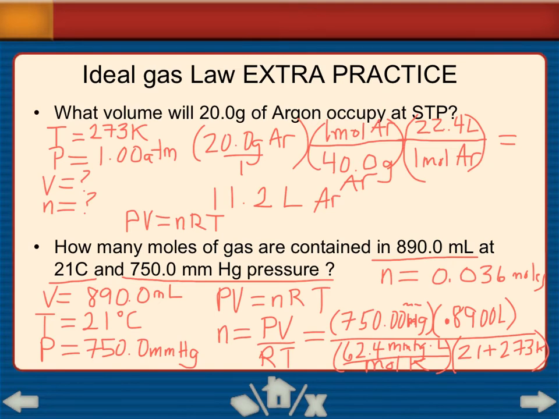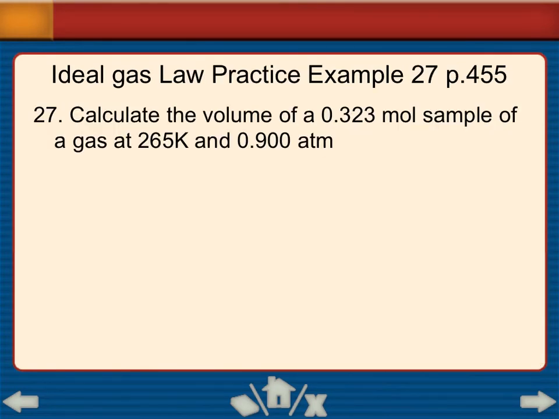0.036 moles. This is another practice problem for the ideal gas law. You can find it on page 455 of your text. It says calculate the volume. So we're looking for a volume of a 0.323 mole sample of a gas. So n equals 0.323 moles.